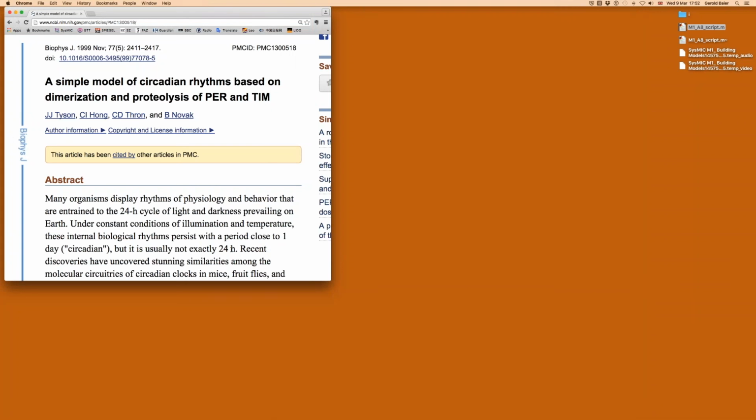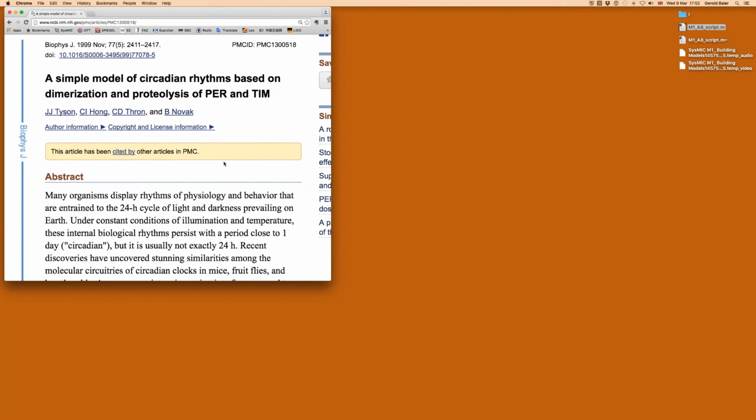It was published in 1999, followed by many, many more refined models, where the circadian rhythm in eukaryotes has been modeled using this Goodwin approach. So you have the citation here if you want to look it up in the Biophys journal, and look also for papers that cite this one. The circadian rhythm can be explained in a first approximation just using this feedback inhibition functionality.